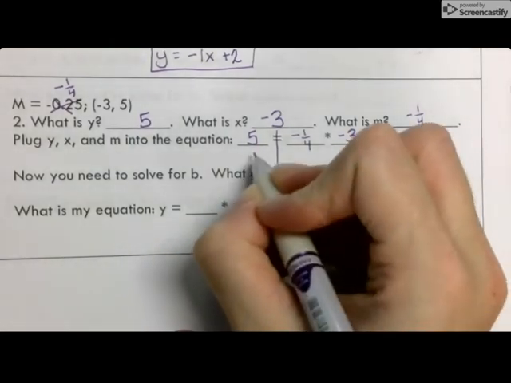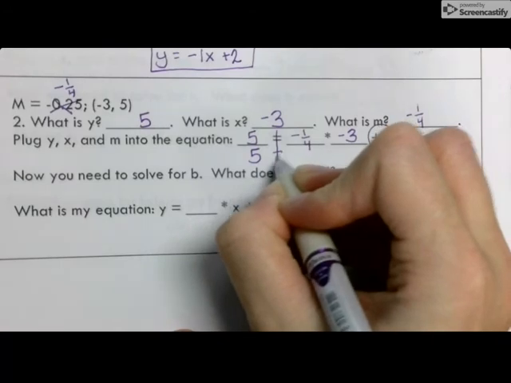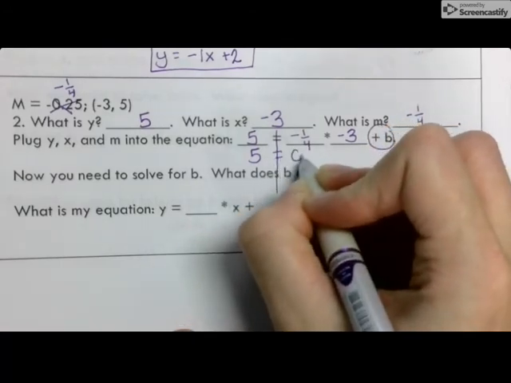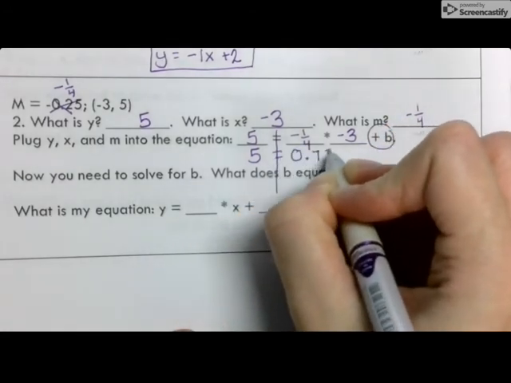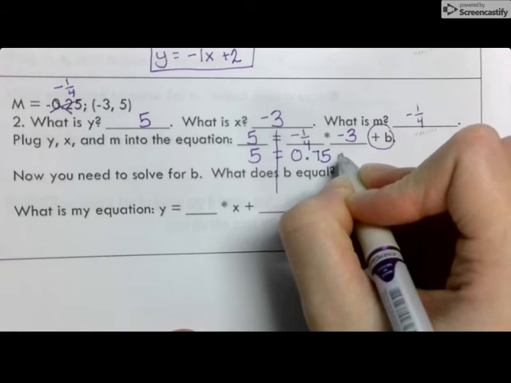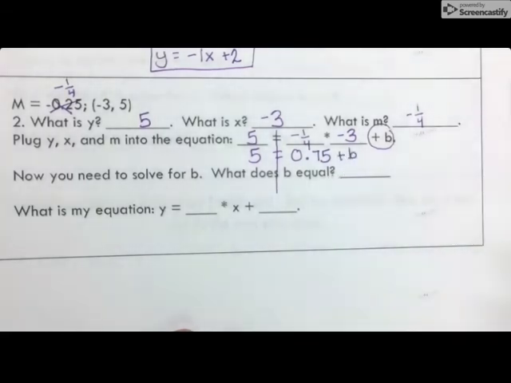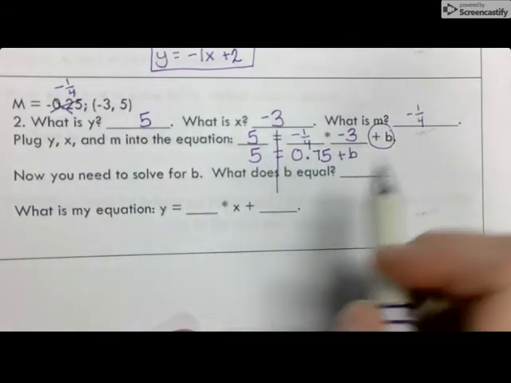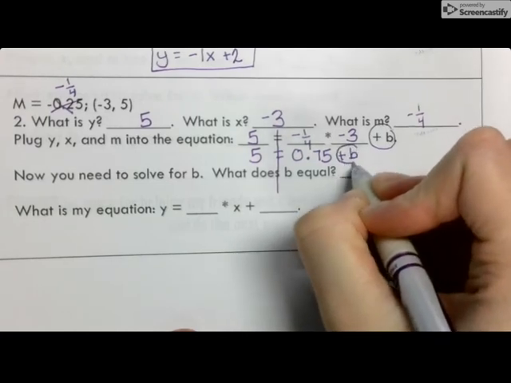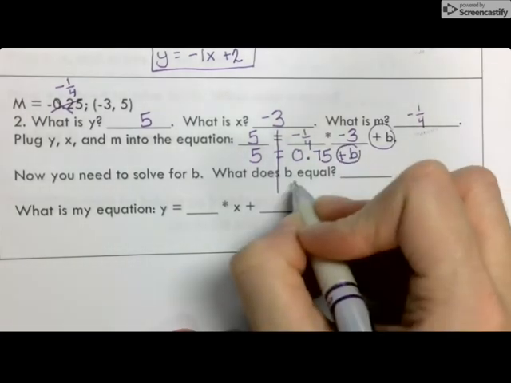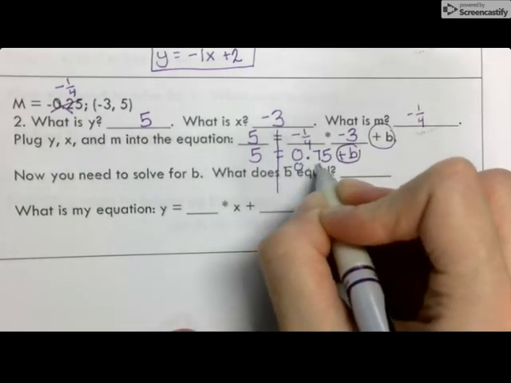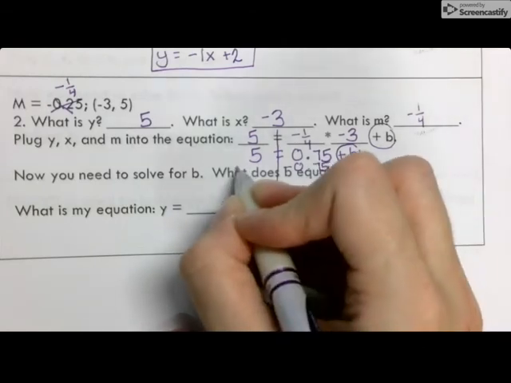3/4. So 5 equals, we can just put it as a decimal, I guess. That's fine. 0.75 plus b. We are going to circle what we want to get alone. The inverse of positive 0.75 is negative 0.75.